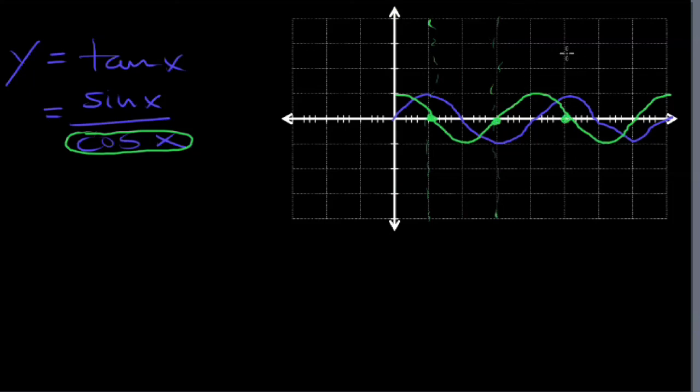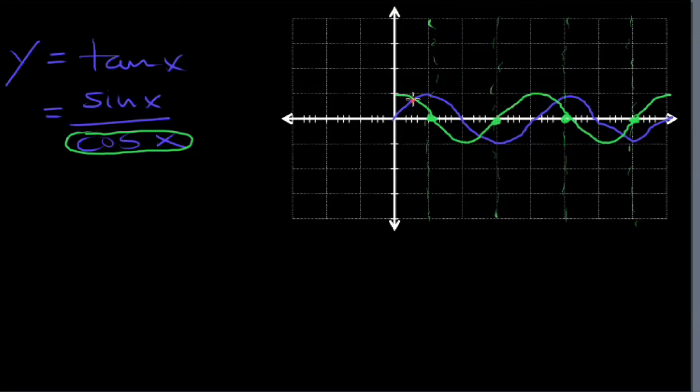It's 0 here, so I have an asymptote here. It's 0 here, so I have an asymptote here. Anytime these are equal, I get a 1. So if I look at the graphs here, let me change colors real quick.